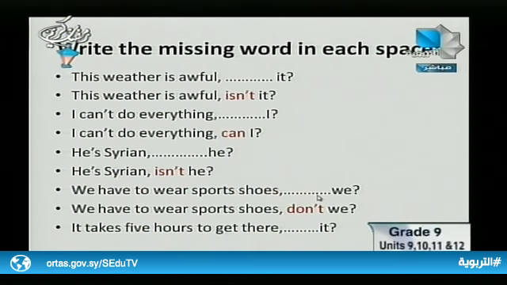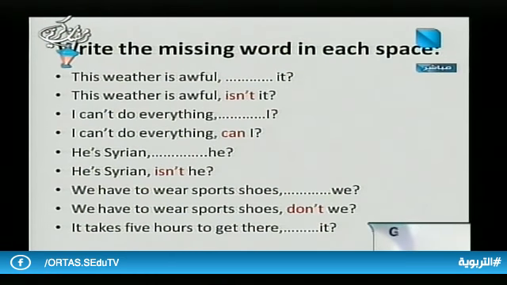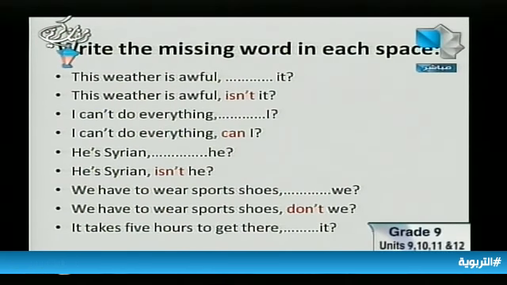Here, I think we should stop a little bit to explain more, because some students notice that we have the word "have" here, which is a verb, and they may think that the tag will be "haven't". But this verb here is an auxiliary verb, by the way: we have to wear.